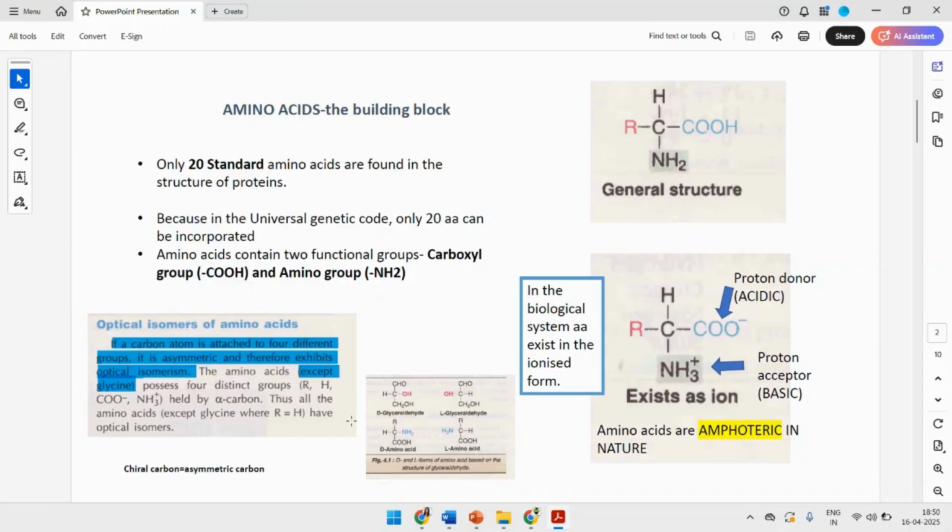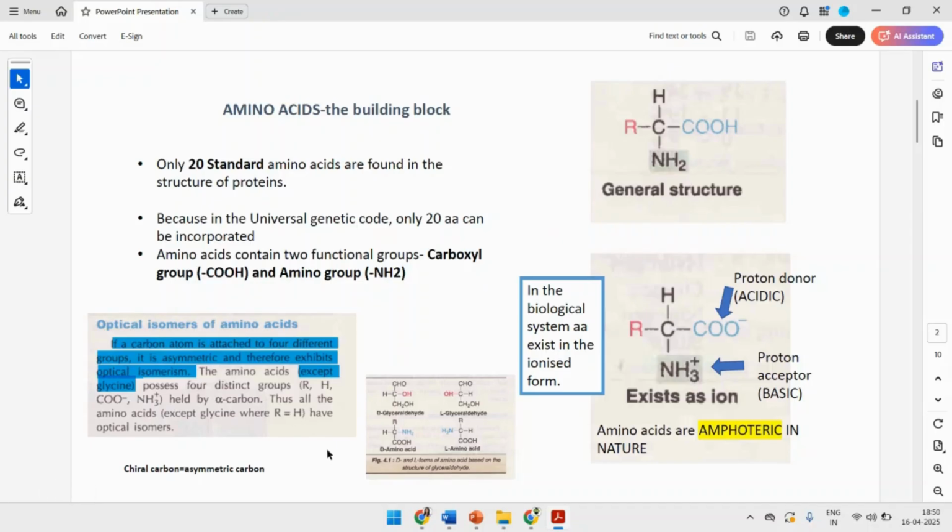So this is again a very important question for the entrance exam, that which amino acid is said to be optically inactive. Then you have your glycine. Because if you look at the structure of glycine, which we will be discussing soon, then you will see that the carbon atom which is there is not attached to different groups. उनमें से एक group आप देखोगे वो similar होता है, right?